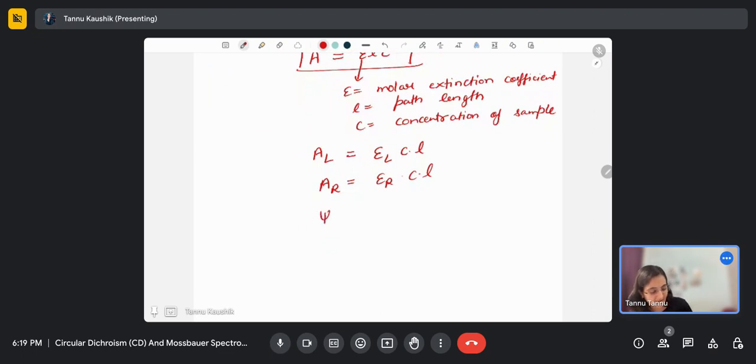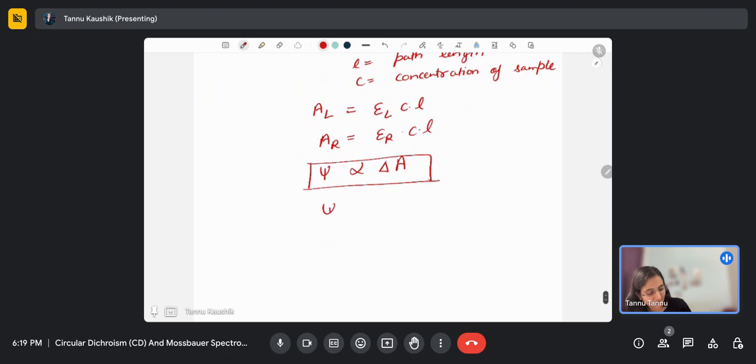So this psi angle is proportional to the difference of this resultant absorbance in both directions. So psi will come out to be also proportional to the difference in molar extinction coefficients.